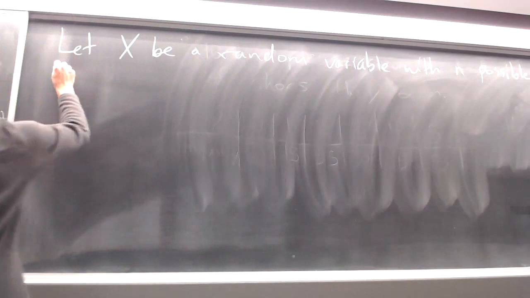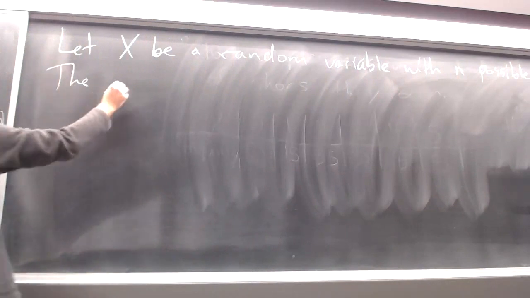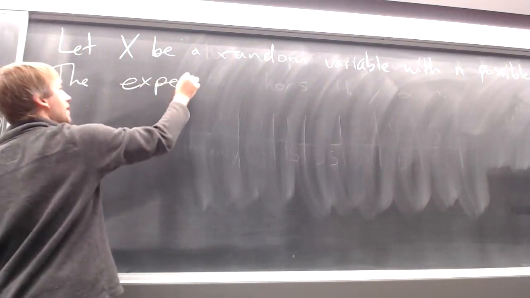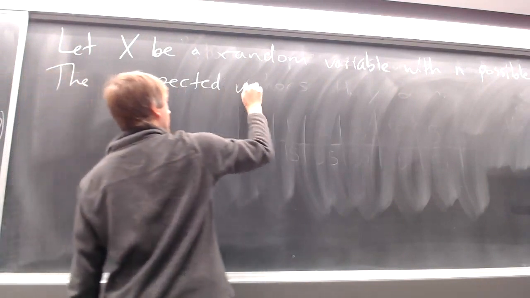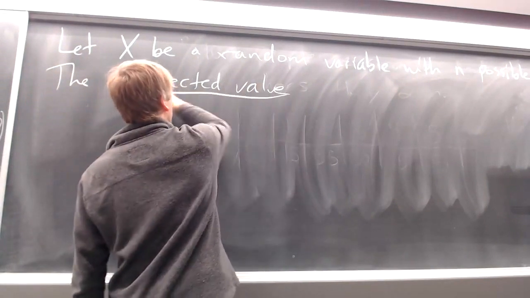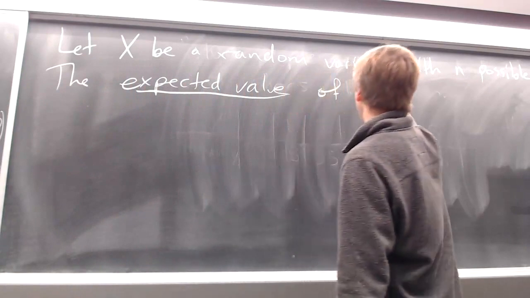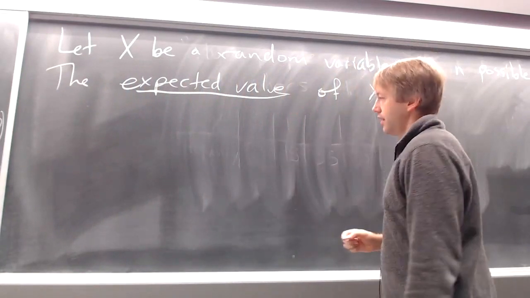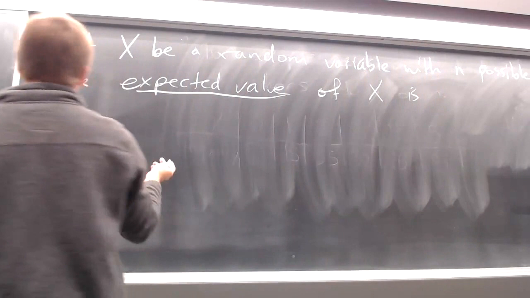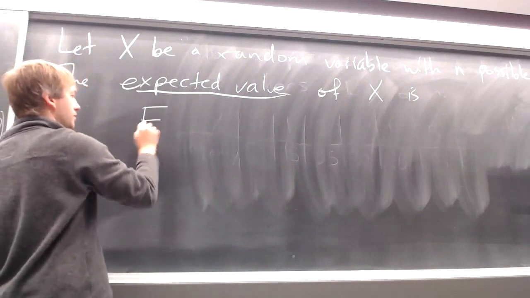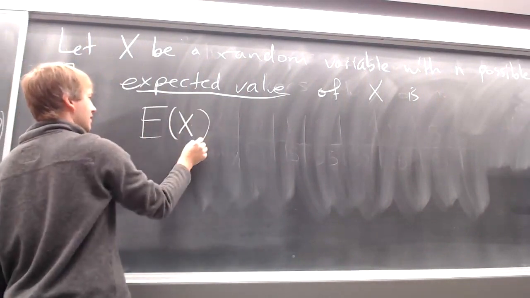The expected value of x is computed with the following formula. First of all, the notation is E of x.